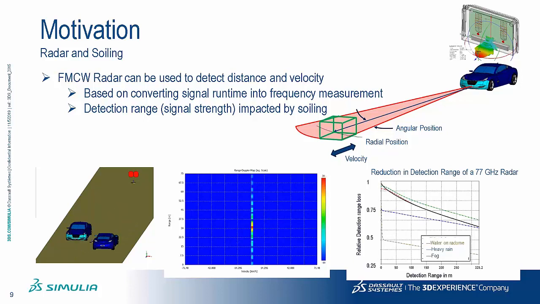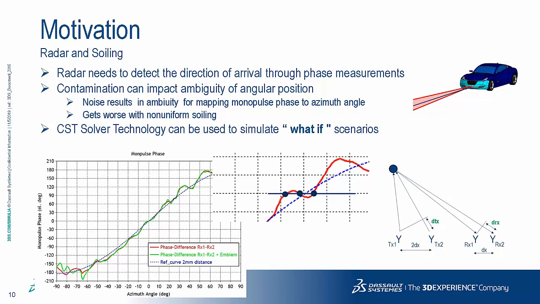But that's actually not the most critical factor, because we can compensate for that by increasing the amplification of the signal. The biggest problem is actually going to be with the change from electrical angle to physical angle. So when we're trying to detect which direction the signal is coming from, that is going to be impacted by having this water on.